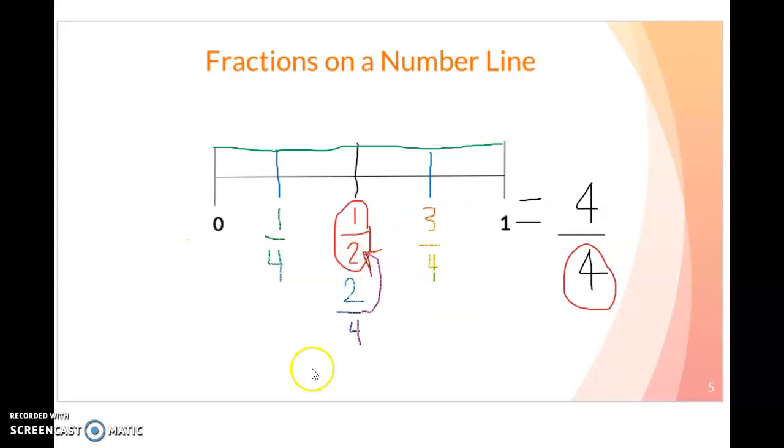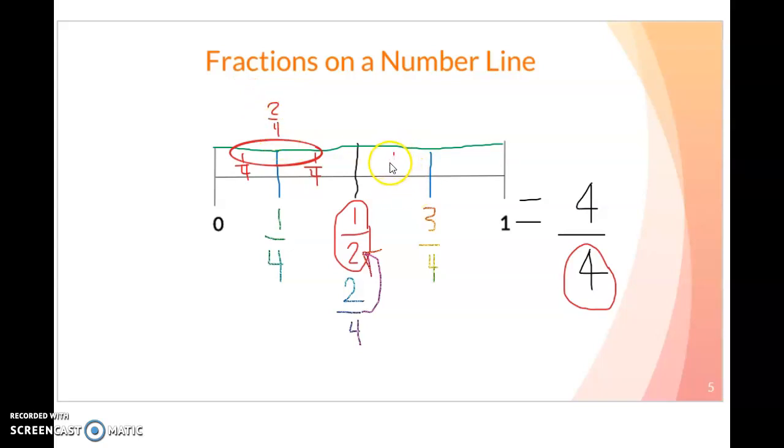I can also use unit fractions to model the same exact thing, because this area here is 1/4. Here is another 1/4. And if you look, if we add these two numerators together, it's going to give me 2/4.